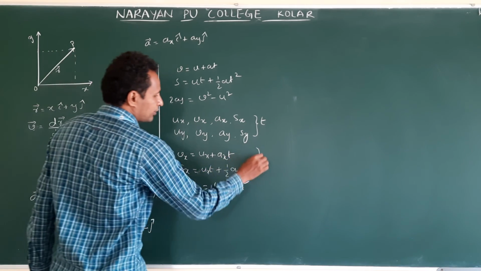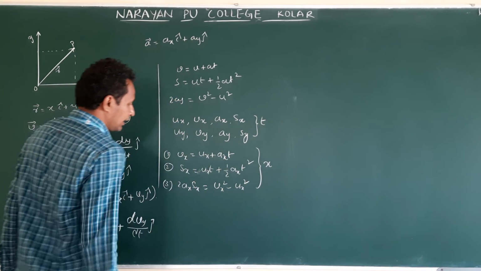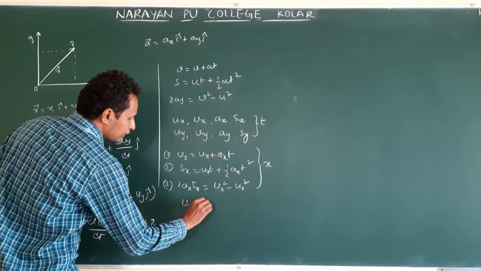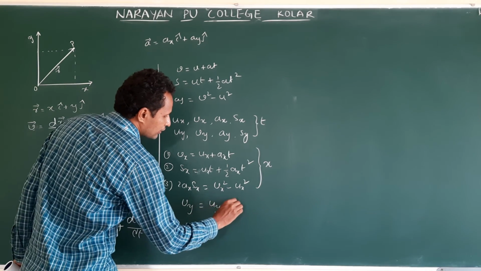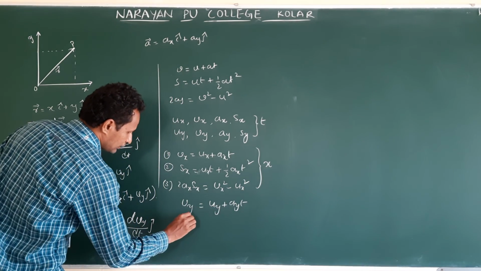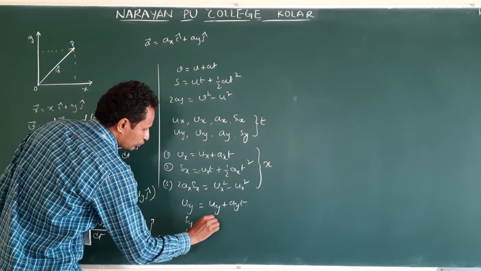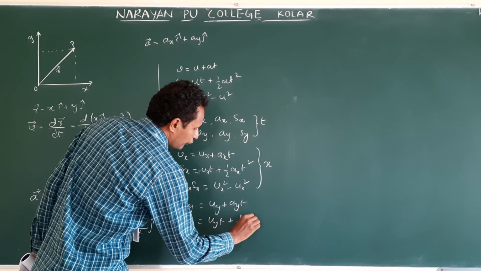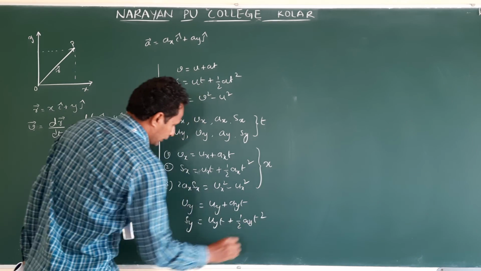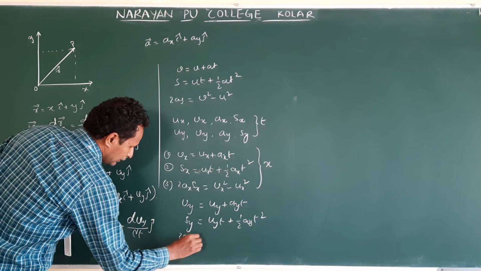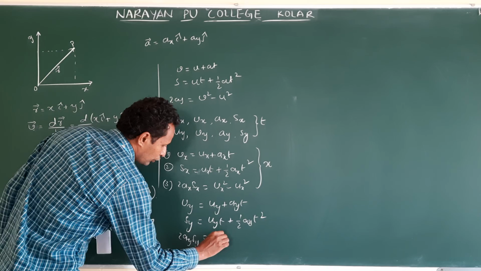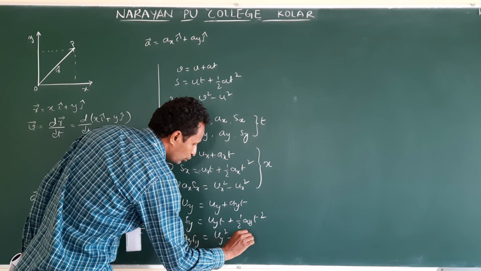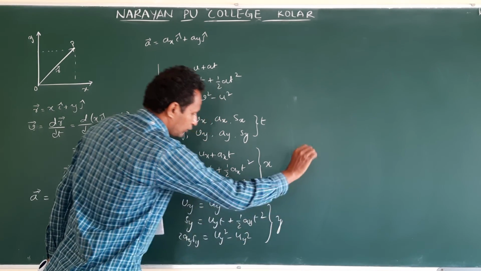This is along x, and similarly along y, vy is equal to uy plus ay t. Next, sy is equal to uy t plus half ay t square. Then 2 ay sy is equal to vy square minus uy square. This is along y direction.